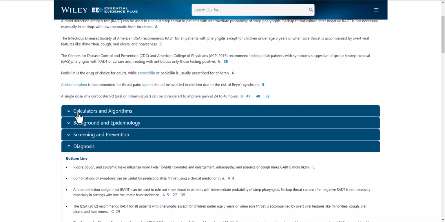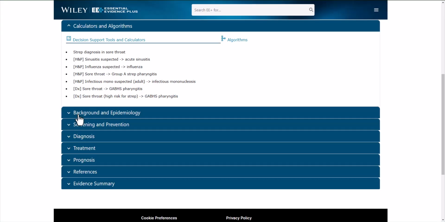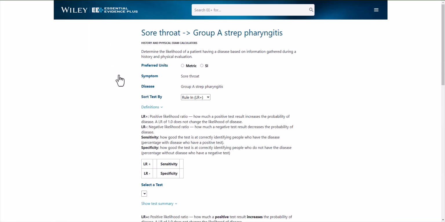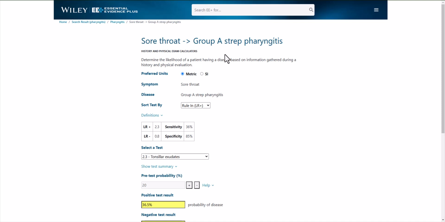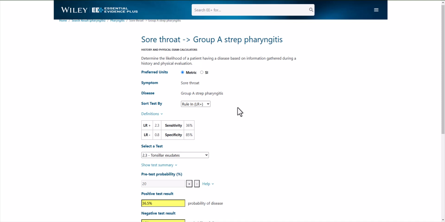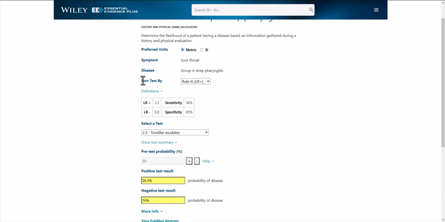If we wanted to take a closer look at some of these calculators specifically, let's go back to the calculators and algorithms. I'm going to click on one of these H&P calculators for sore throat, and it's an H&P calculator that's geared towards trying to basically rule in or rule out group A strep as the cause. So if I click on that calculator, what that opens up for me is an H&P calculator for group A strep, and it's going to have the tests sorted out by something called LR positive, LR negative.